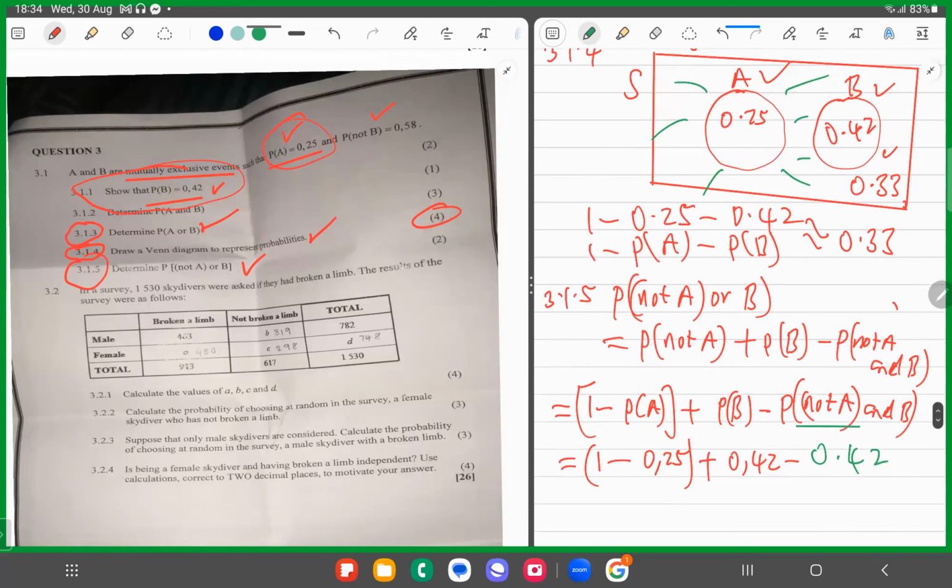So the probability of not A and B is just 0.42.